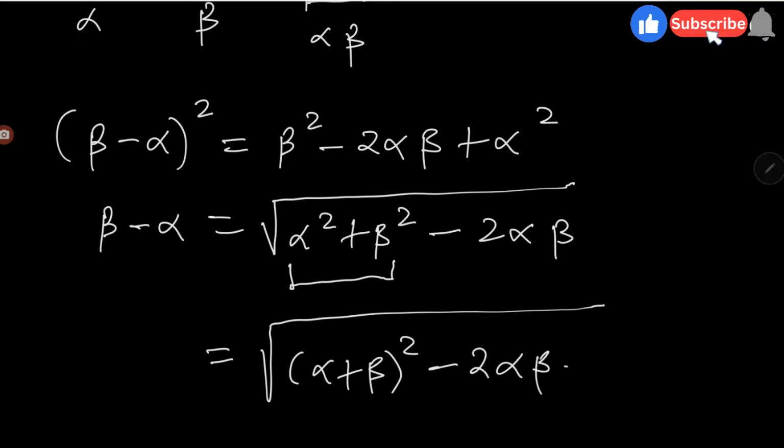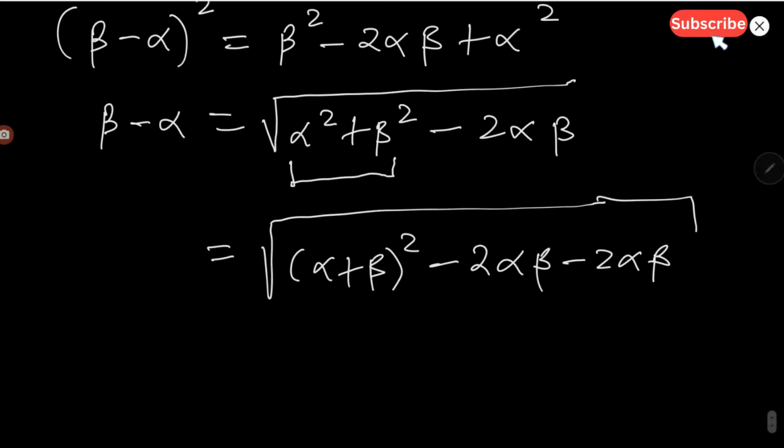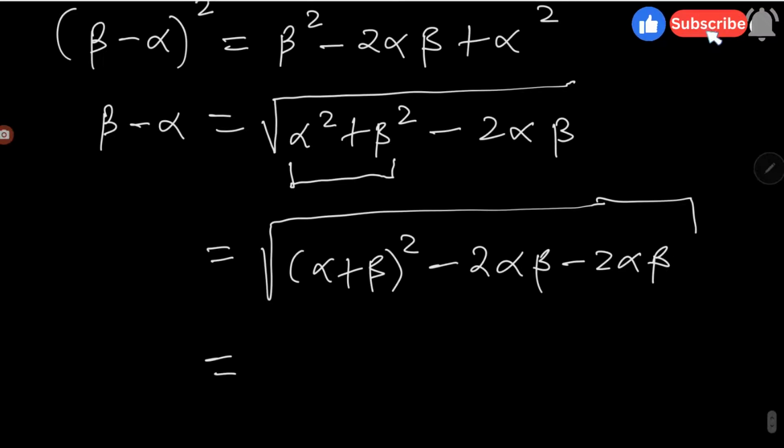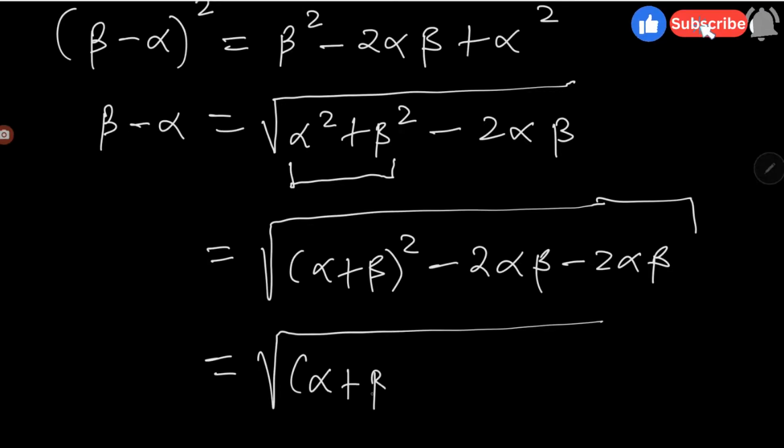Then we're saying this is minus 2 alpha beta. So from there we can now say this is equal to the square root of alpha plus beta squared minus 4 alpha beta.